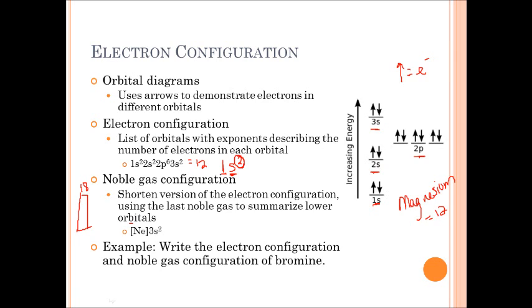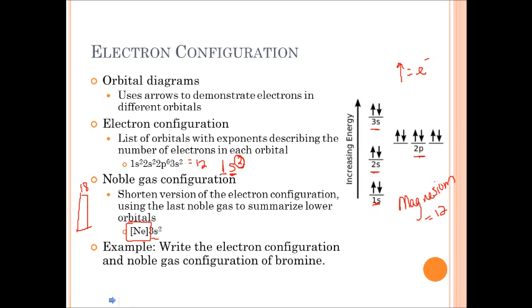So you put the noble gas in brackets as shown here, and then you just go from there. So in our case, neon is the last noble gas for magnesium, and whatever's left over is 3s2. So it's a much shortened version compared to the electron configuration, and it can be helpful at times.